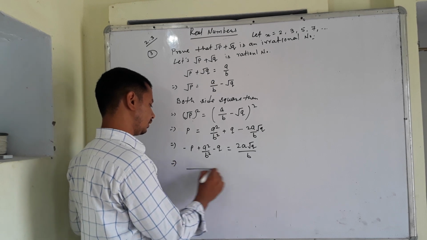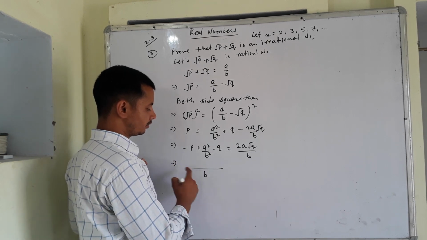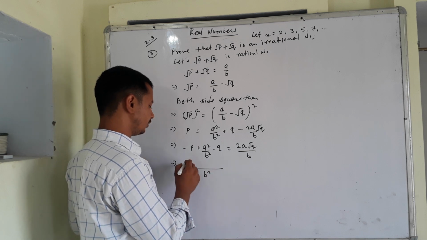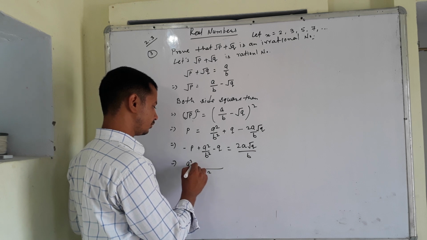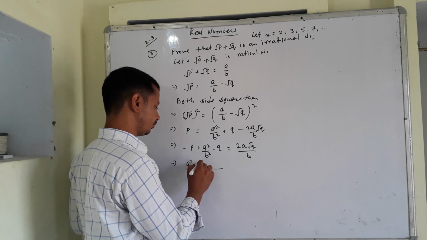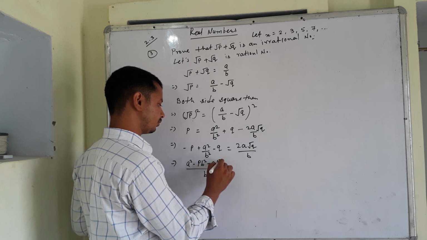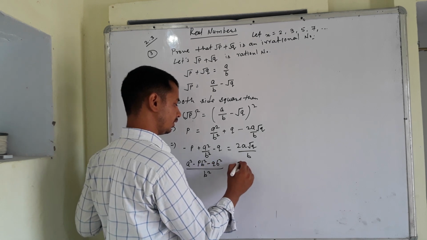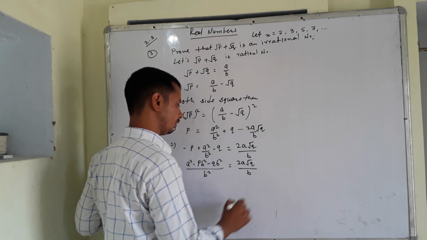Okay, take the LCM of the LHS, which is b square, then we find a square minus pb square minus qb square equal 2a root q upon b.